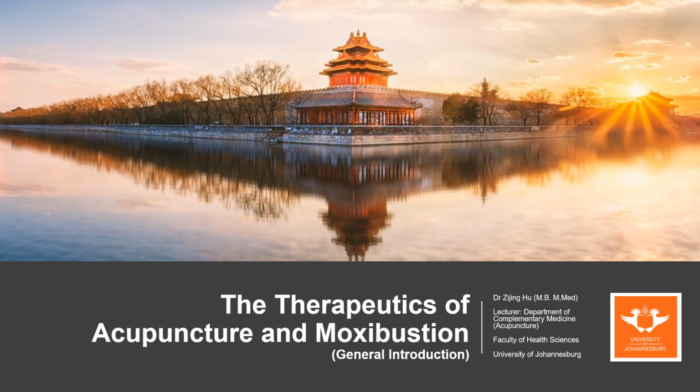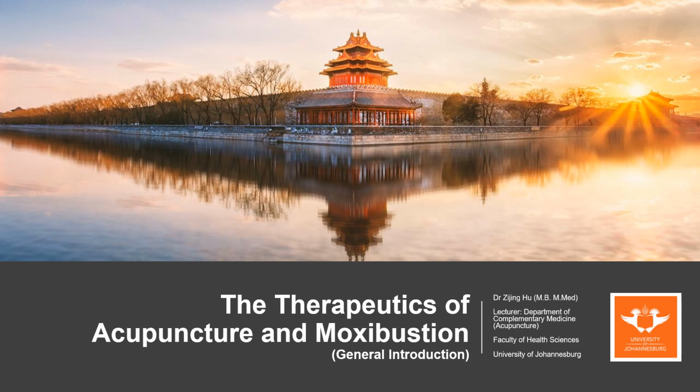As we mentioned in the diagnostics when we study the 8 principles, although these principles are very important, however, it doesn't help you to locate the location of the diseases. For example, if I ask you to drive to the north from University of Johannesburg, you can drive all the way to the north, but where's your destination?